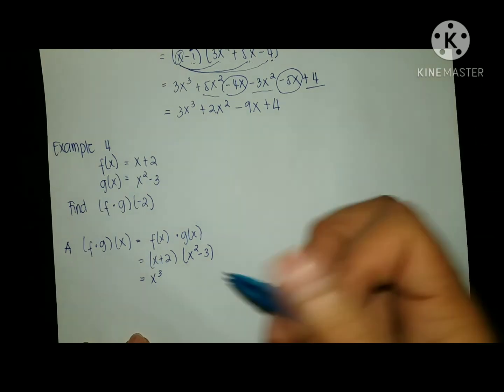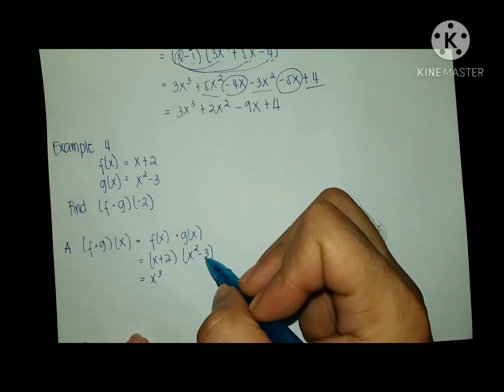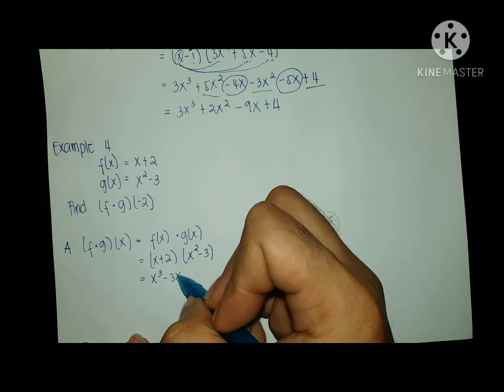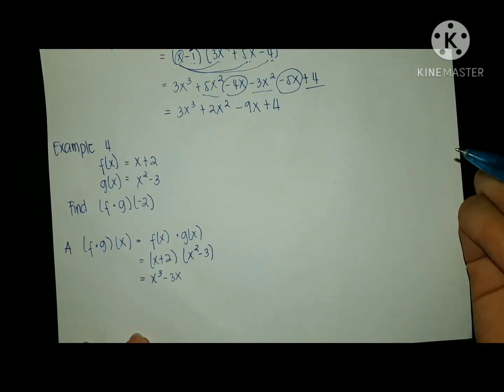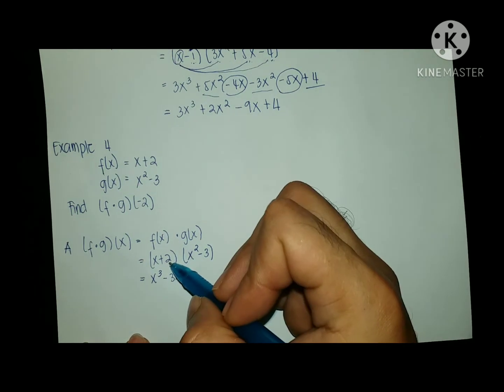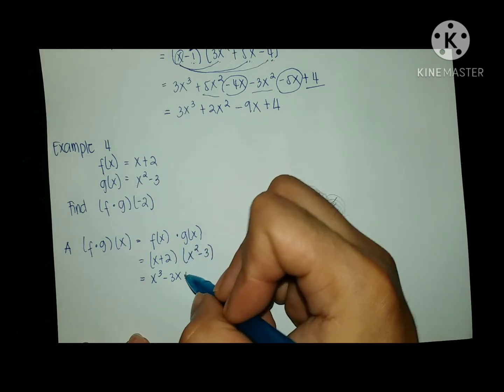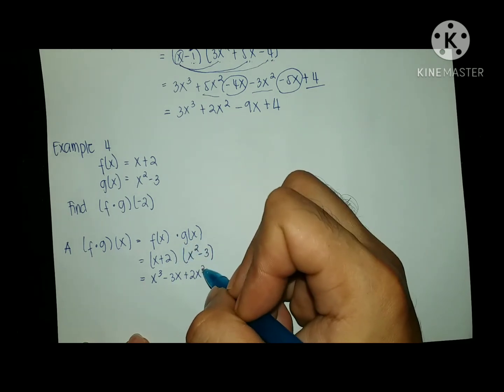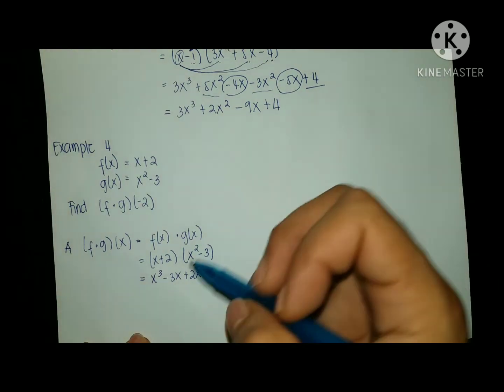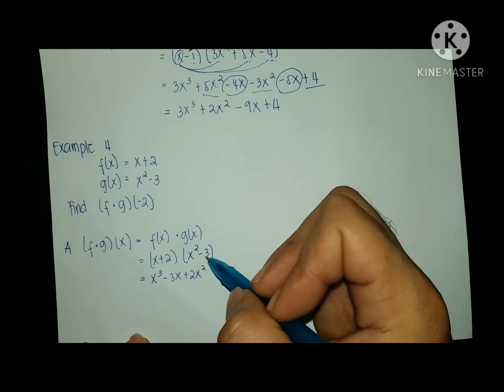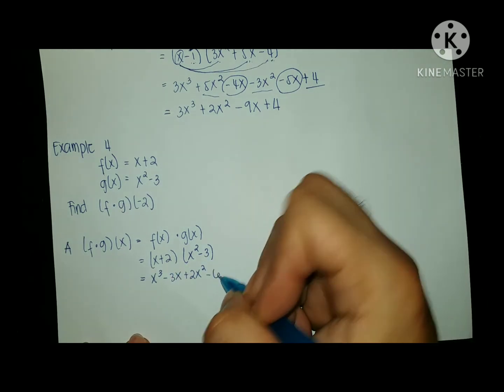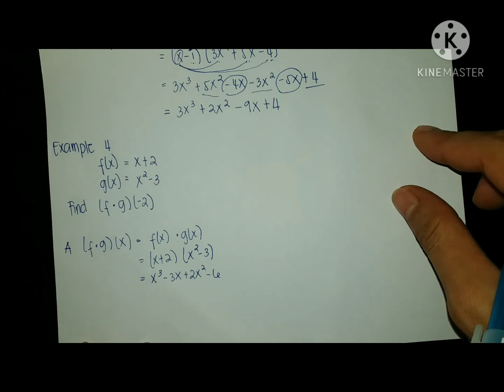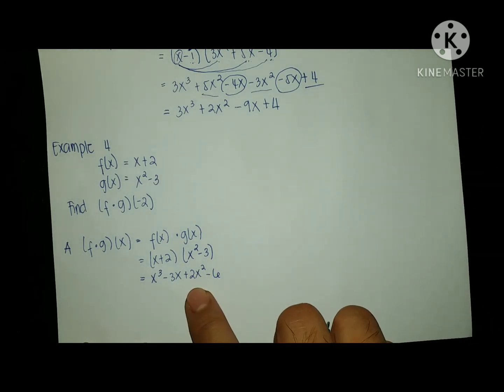The outer terms, x and negative 3, that is negative 3x. The inner terms, we have 2 and x squared, that is positive 2x squared. Then the last terms, 2 and negative 3, that is negative 6. So in this case, we cannot simplify it further because there are no more similar or like terms.